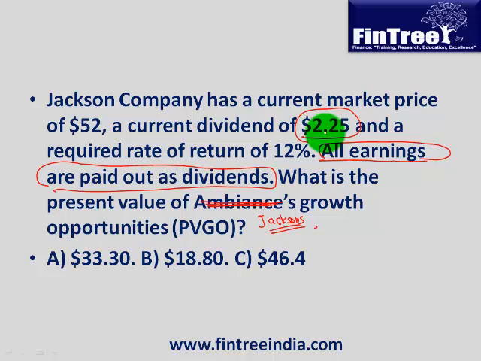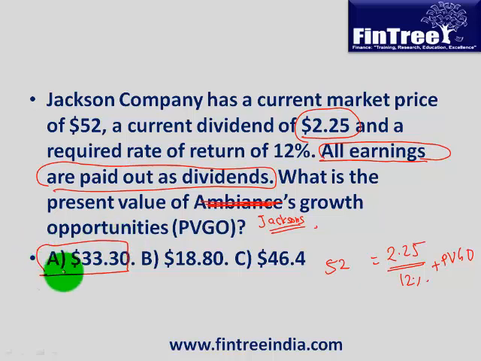Follow this, and therefore you can simply use the formula where you would say that current market price of 52 is equal to 2.25 divided by required return of 12% plus PVGO. So reduce this on the left side and get the value, which is coming out to be how much? A. So then A would be the answer. Is the logic clear? Should we move on?